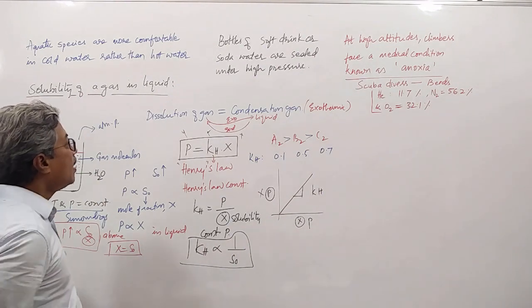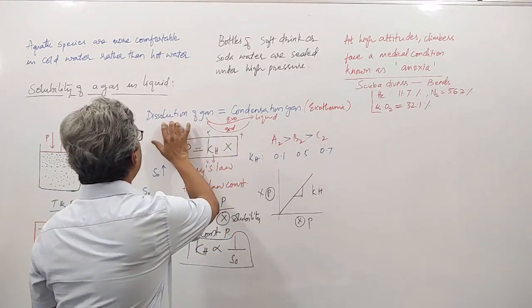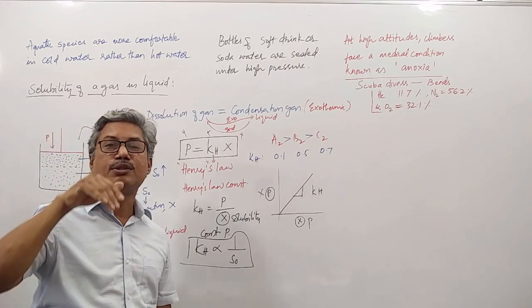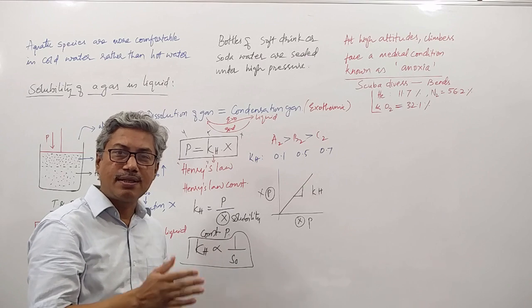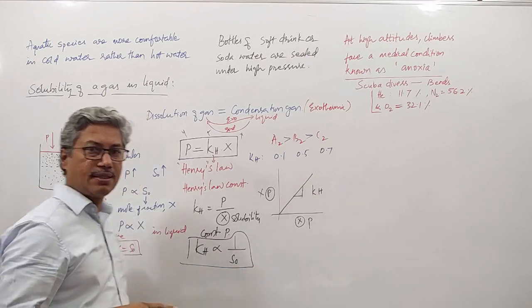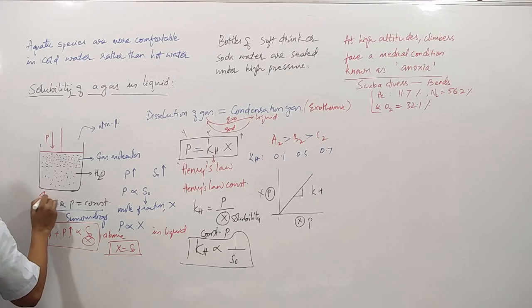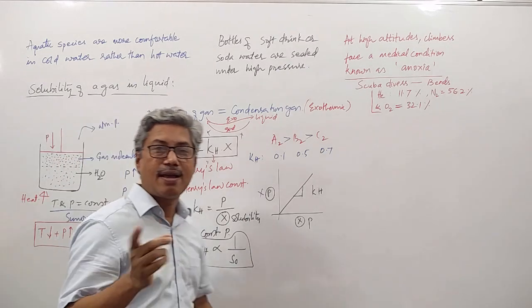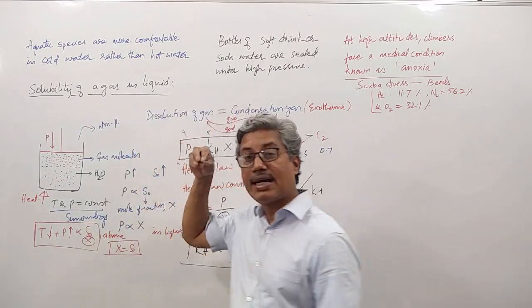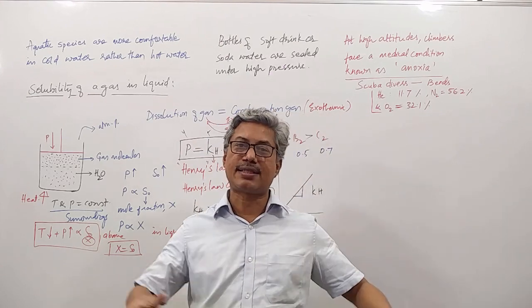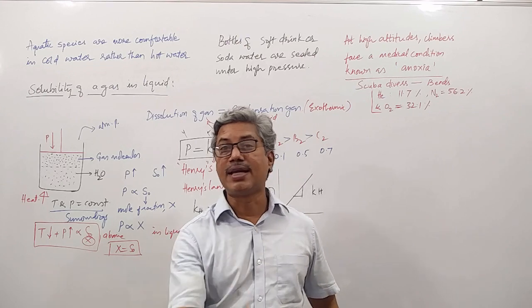Now, we notice that dissolution is an exothermic process, isn't it? It means that while dissolving the gas into water, heat energy is released. Clear? Now, what we do is we increase the temperature of the system. We heat it. Due to this, what happens? We know that as the dissolution is exothermic, while dissolving, the system releases energy, and you are supplying energy.